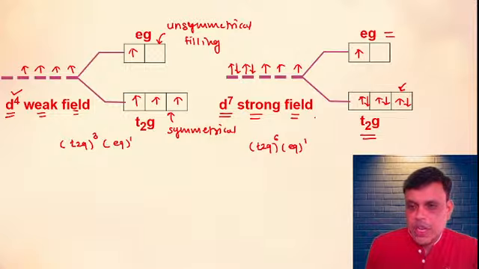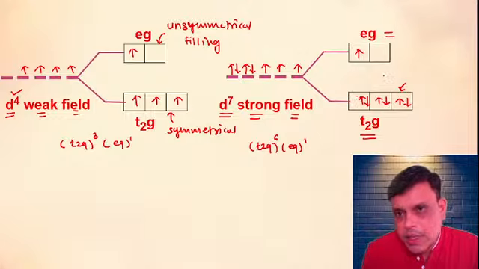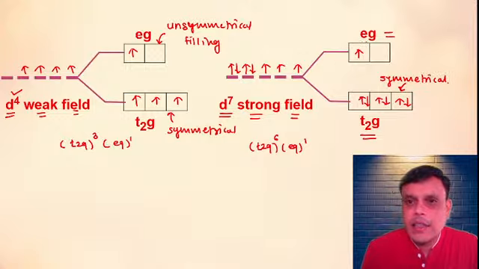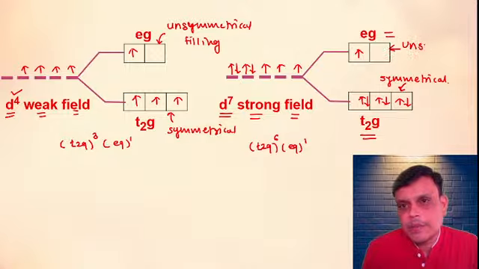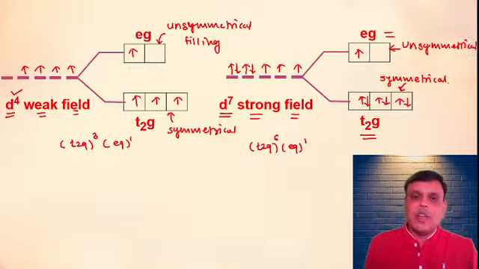Symmetrical, correct. Jay Vikram, very good. So it is symmetrical filling. And EG is unsymmetrical filling.